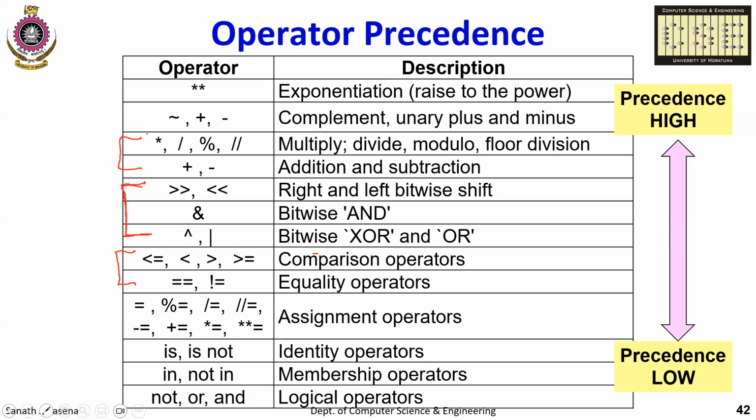And you can see the assignment operators have very low precedence, right? So if you have a combination, like if you write an expression A equals, and you write a lot of things here, plus, minus, multiplication, all these things will be considered, and finally you do the assignment, which makes sense, right? So that's what you should actually be doing anyway.